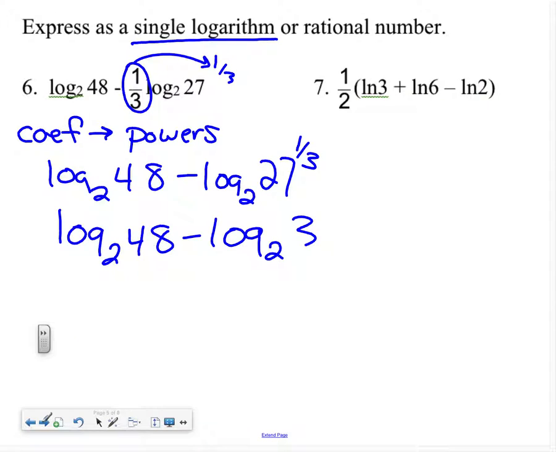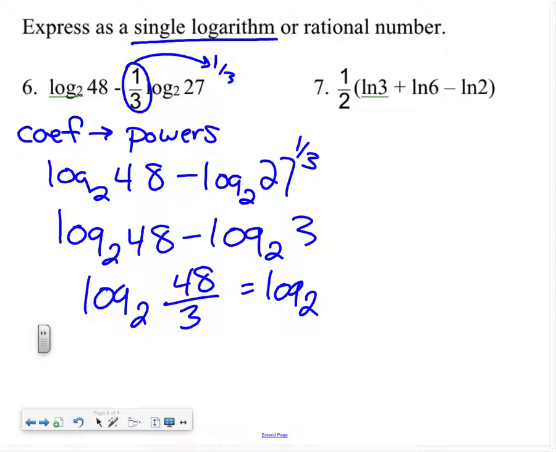So this is log base 2 of 48 divided by 3. What's 48 divided by 3? 16. Is that something we can evaluate? Sure. 2 to what power is 16? 4, so that's the answer.